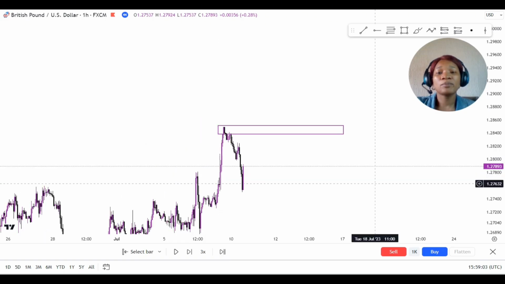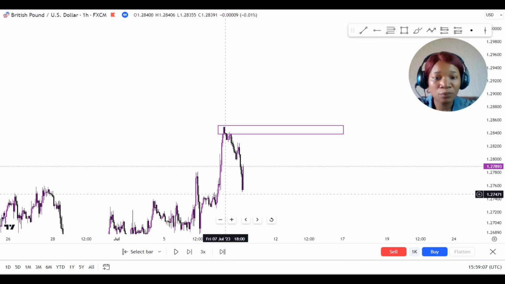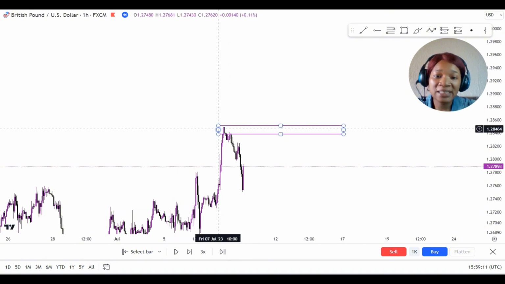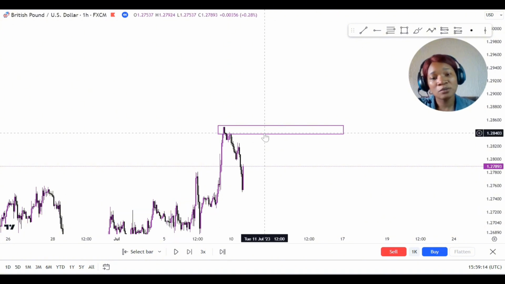So for the buy stop order, I'm letting my broker know that somewhere around here, do not put me in the trade. I'm only comfortable being in this buy position when price has broken this zone. It's a confirmation to me, according to my strategy, that price wants to continue in that buy direction.